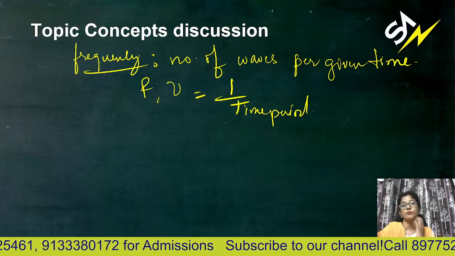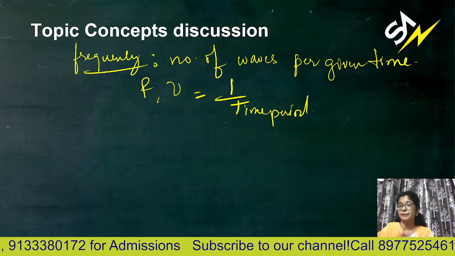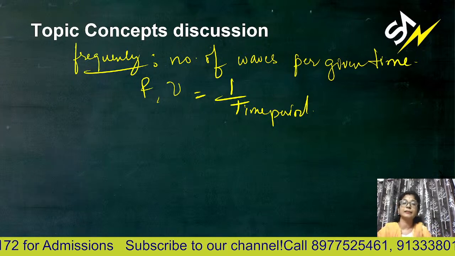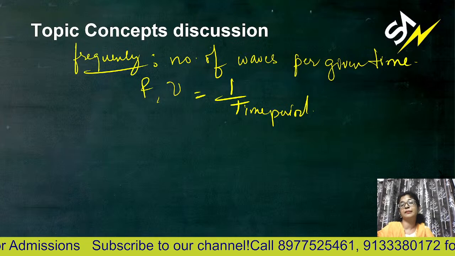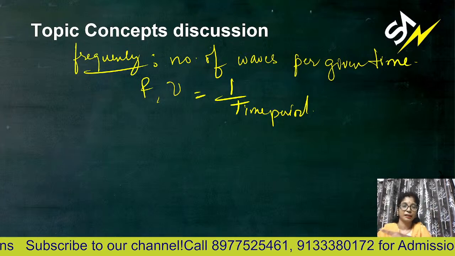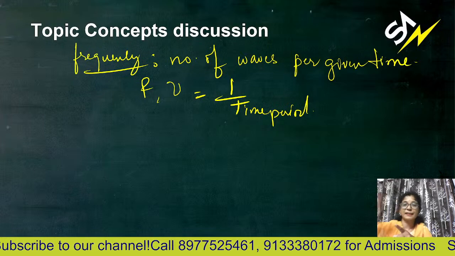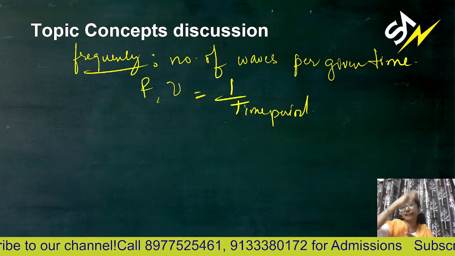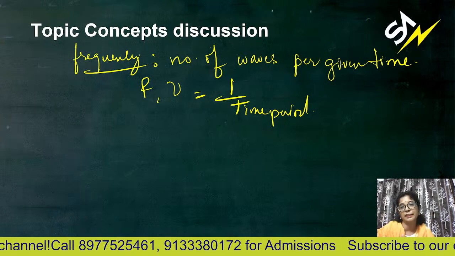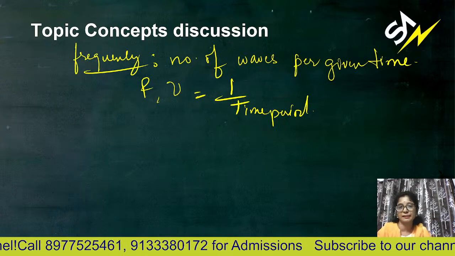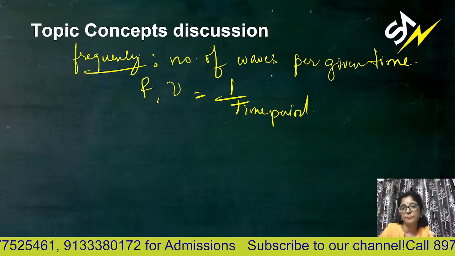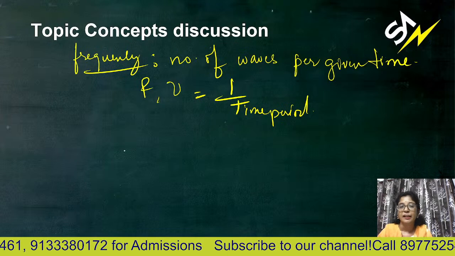When it comes to the time period in vibrations or oscillatory motion, that is the time taken by the body to complete one oscillation, like from one extreme to the other extreme and again coming back to the first extreme. The time taken for this is called the time period. So 1 by time period is frequency, right?